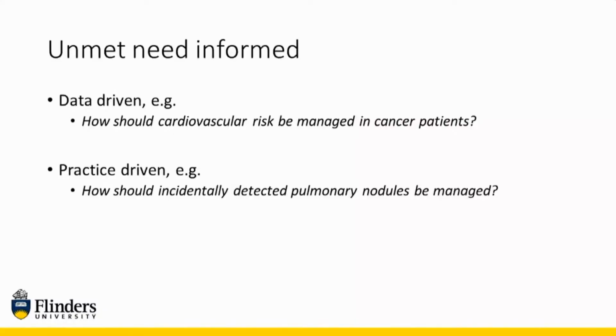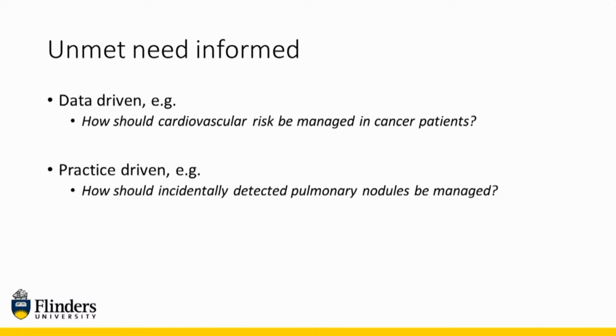In relation to unmet need, this can be either data-driven. A good example here, again with Bogda, is the data has shown that cancer patients are at increased risk of cardiovascular disease. And so taking that as a starting point, Bogda's been thinking about models of care, service delivery models to address this increased cardiovascular risk in cancer patients.